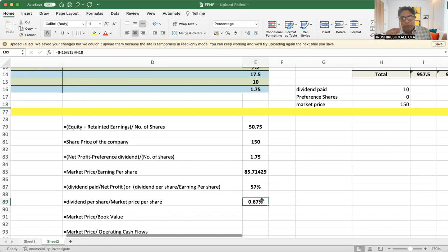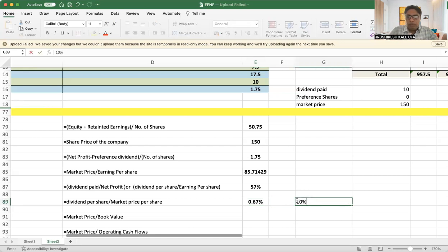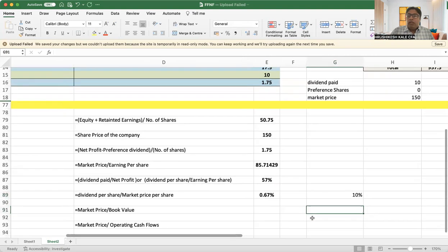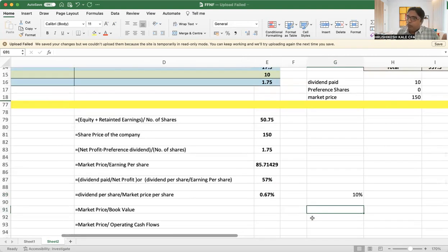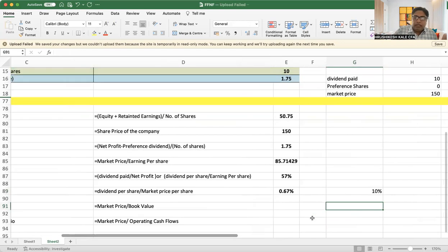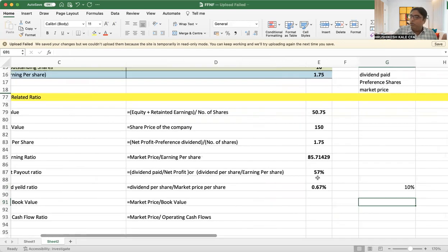So, as compared to your market price, how much dividend are you going to get? Now, there are high dividend companies which even give a dividend yield of 10%. What does that mean? That every year, if your market price is 100, you get 10 rupees as dividend. And that is your dividend yield ratio.